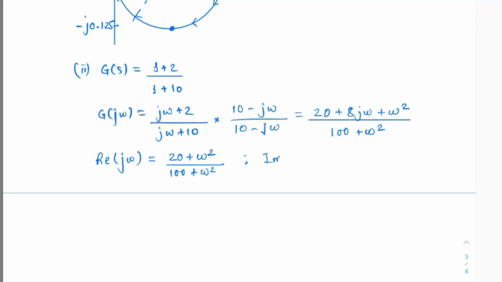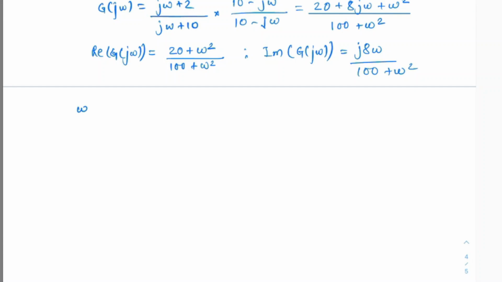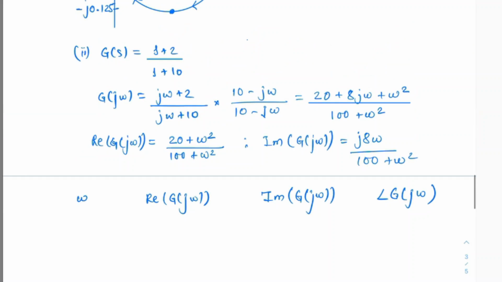And the imaginary part would become, so again if we take a look at omega, real part of G of j omega, we can write these things and let's also write the angle here.